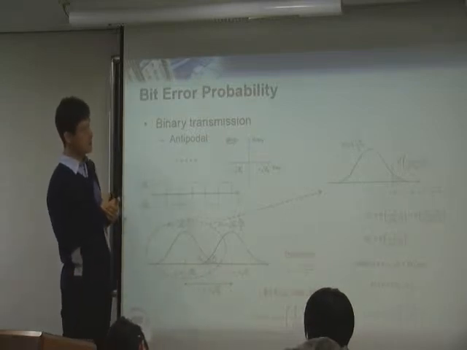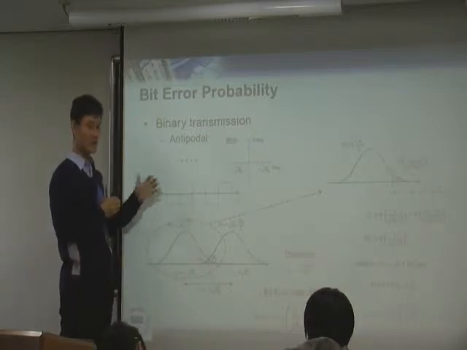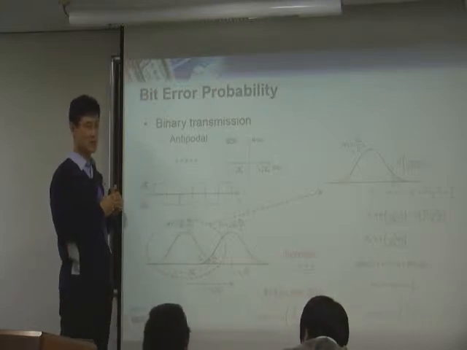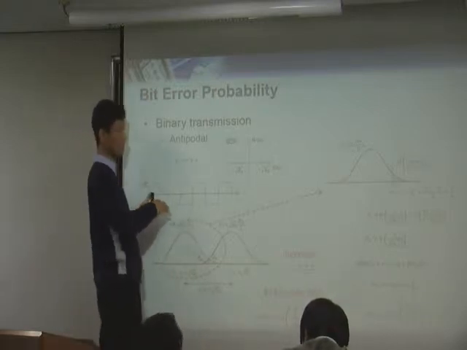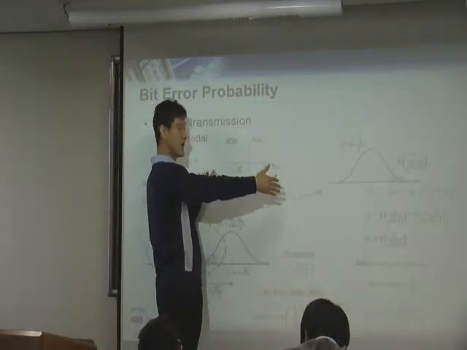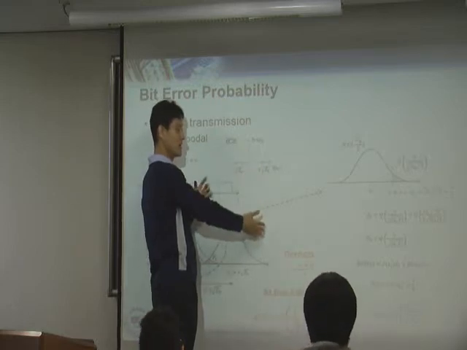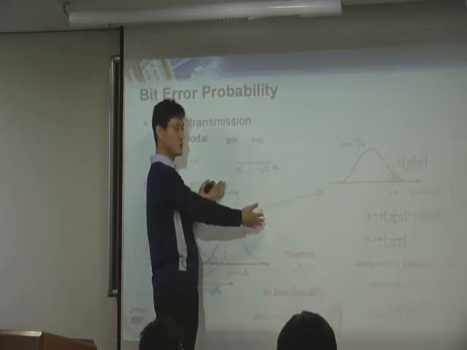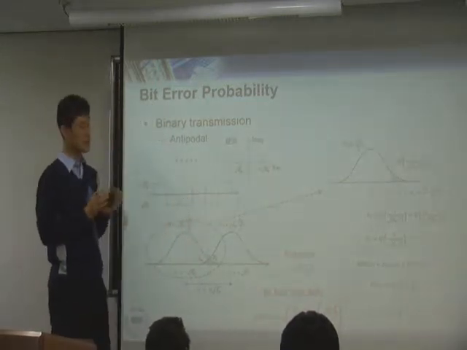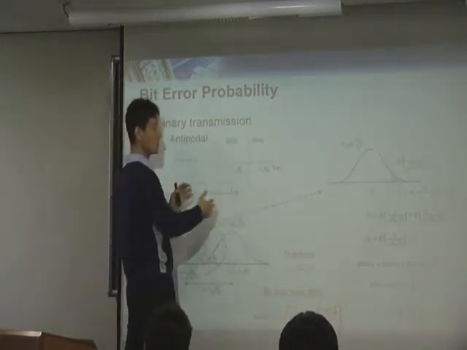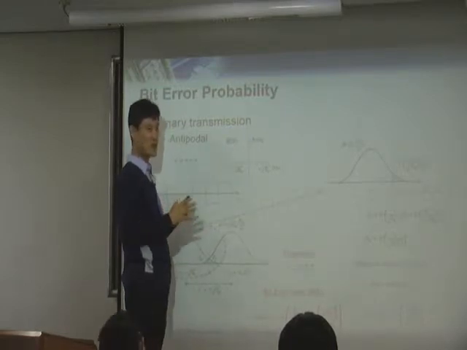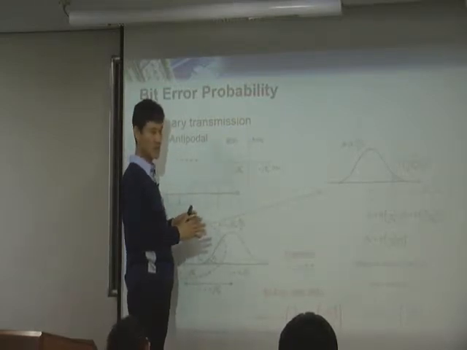So that's why, and also not only that, when you do the simulation of your own system, you want to show the analysis together. That way you can show: here's my performance based on the analysis, and here is my error rate based on the simulation. Sometimes these two are not the same, because when you do the analysis, sometimes we have to make some ideal assumptions, because otherwise the analysis may not be possible.